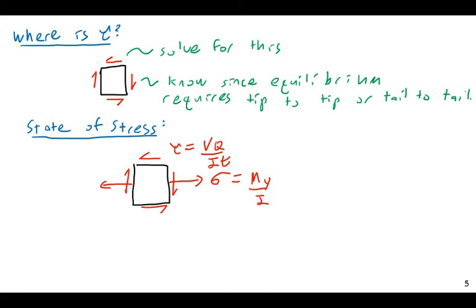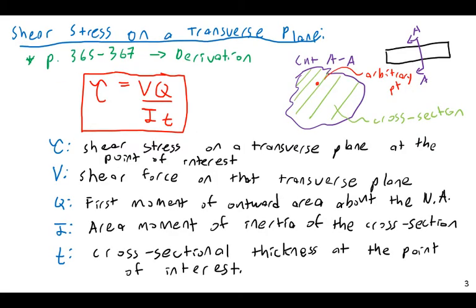So essentially the way this works, Q is the difficult part. Q is basically calculated based upon the area above the point that you're interested in.